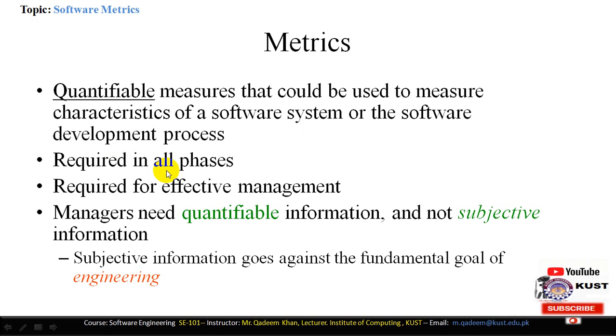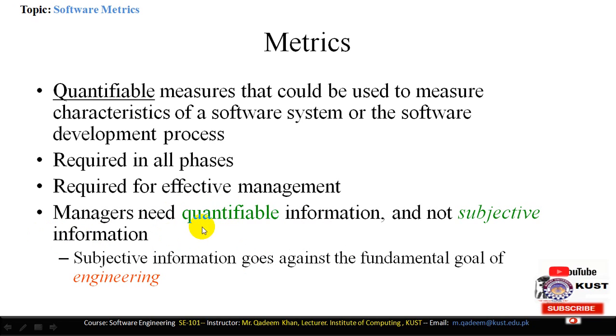Basically, metrics are used in all phases. In fact, this is the measurement which should be done in all phases of the life cycle models. And it's also required for effective management. Effective managers can only perform their management activities when they have efficient information about the metrics. So managers need quantifiable information and not subjective information.